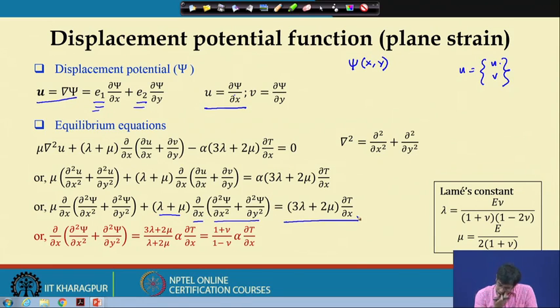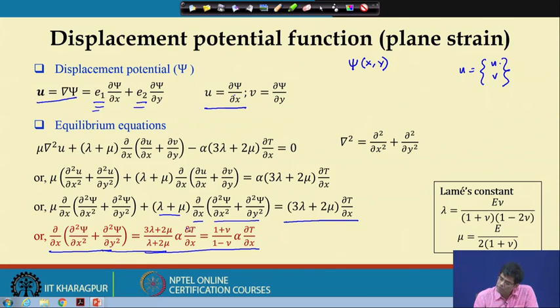And this is my equilibrium equation. So, now if I write it in a proper manner, this quantity is actually lambda plus mu, I can write it here and then I can arrive at this form.